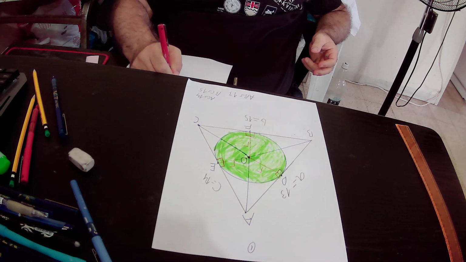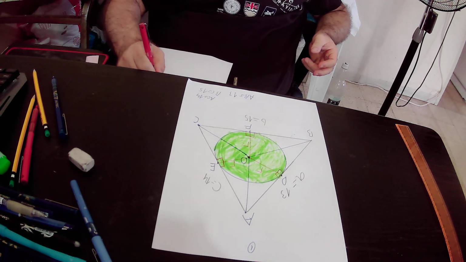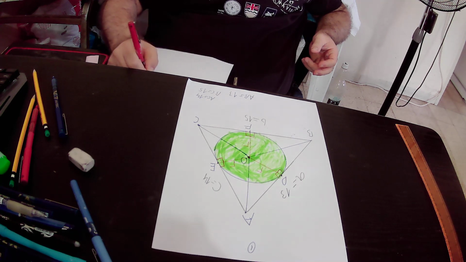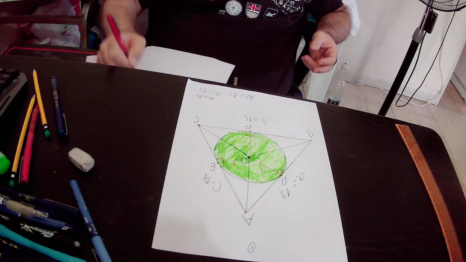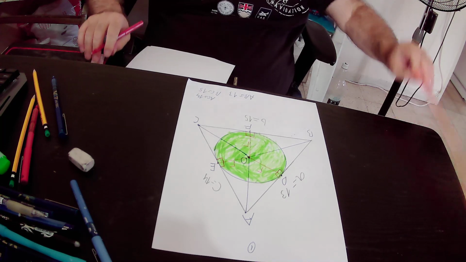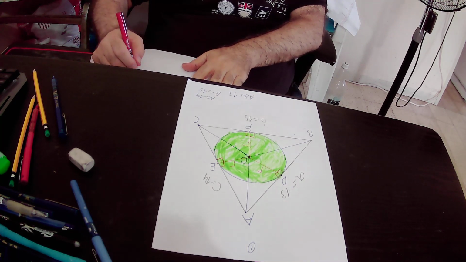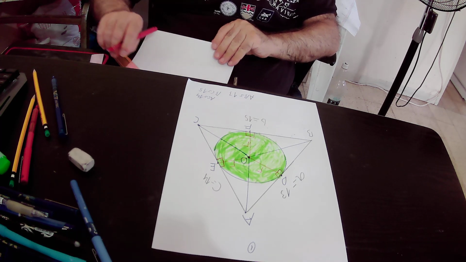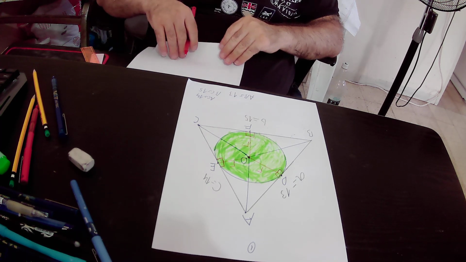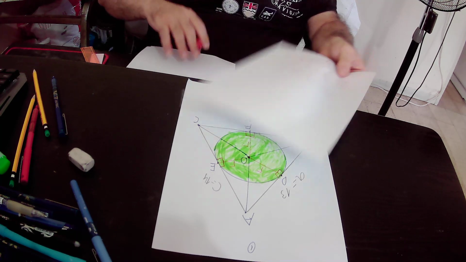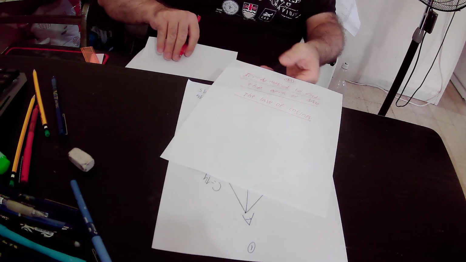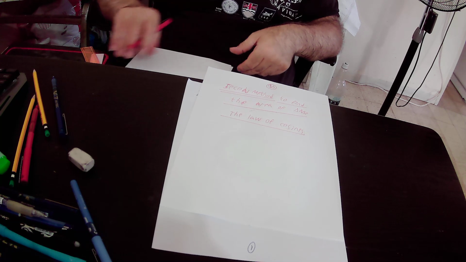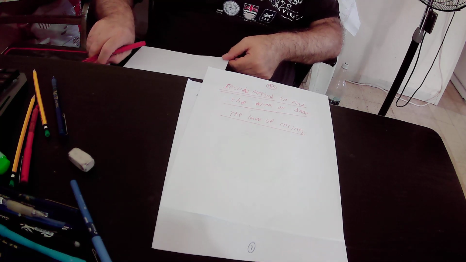The law of cosines. We will find the area of triangle ABC according to the law of cosines.